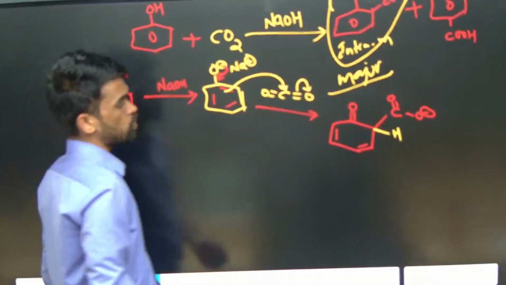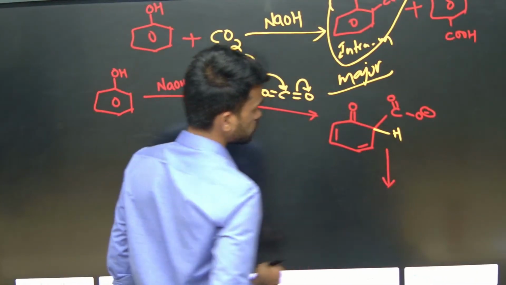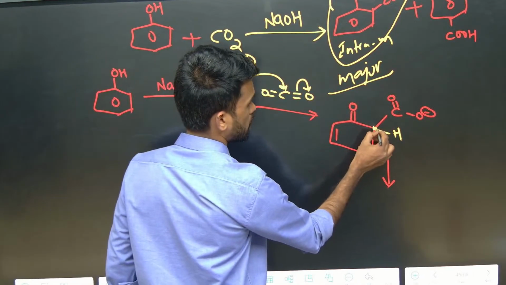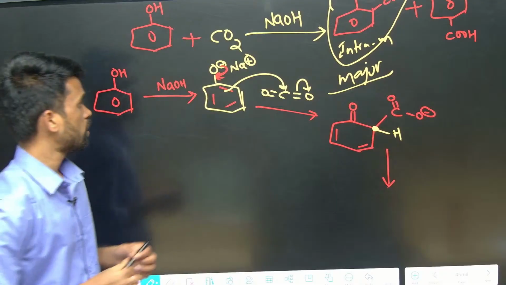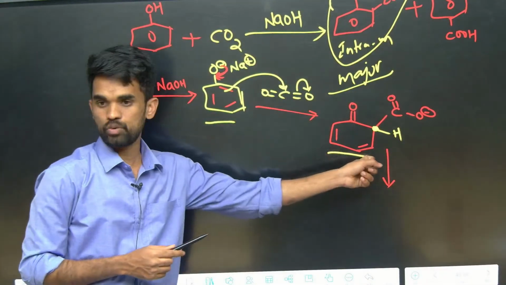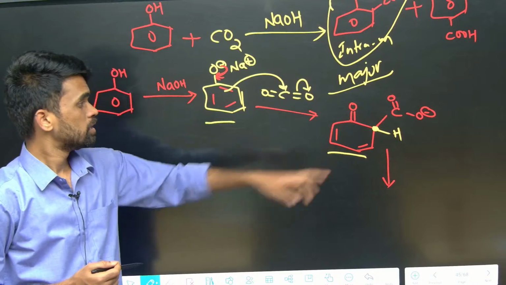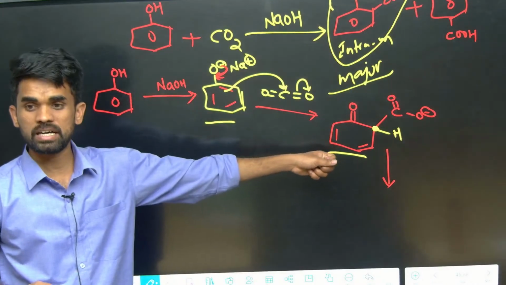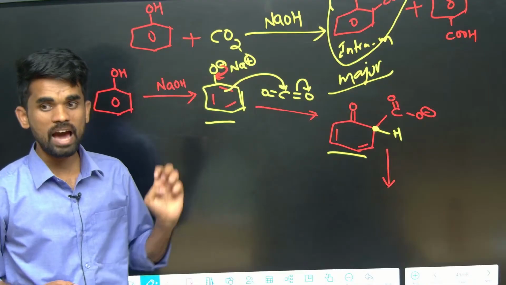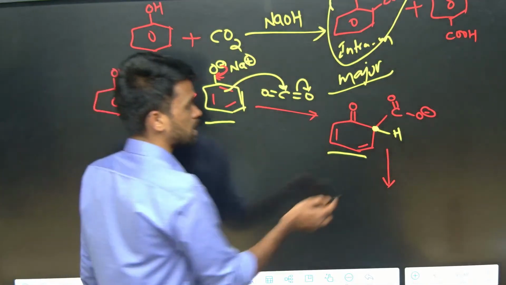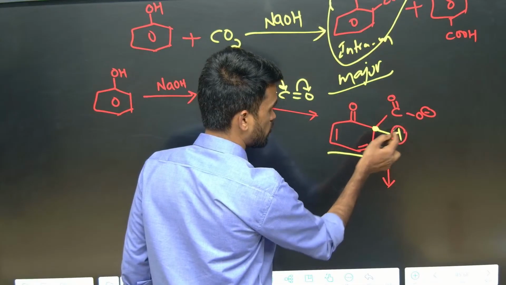Now next what happens? This is an sp3 carbon, right? All the others are sp2, so the aromatic ring becomes non-aromatic. It is losing its aromaticity, but aromatic compounds are more stable, so you need to regain that aromatic nature. How can that happen? By removal of this proton from here.